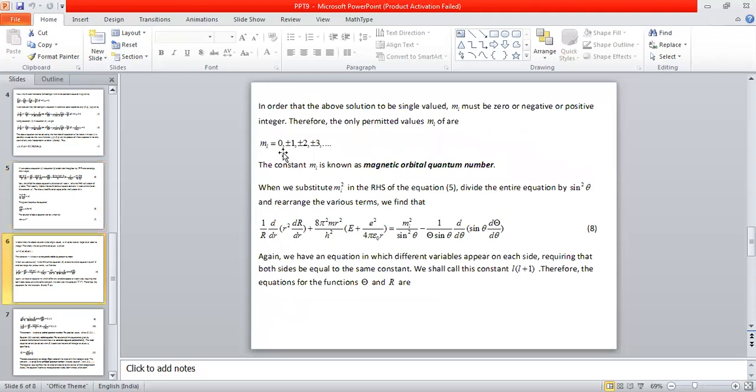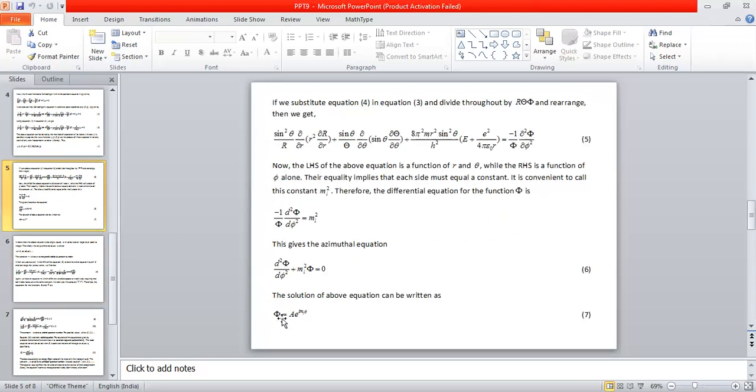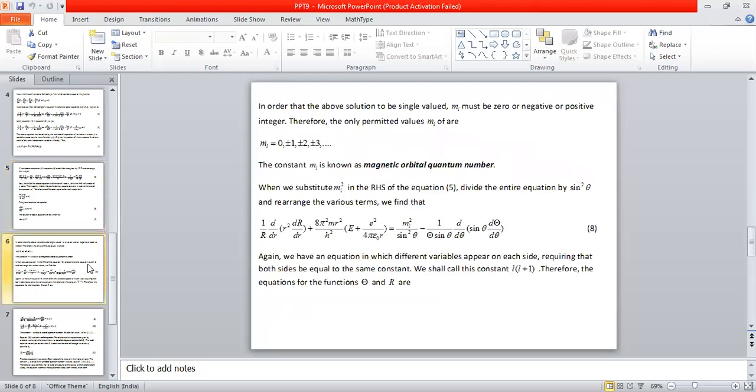That is possible only when ML can take the possible set of values 0, or plus or minus 1, or plus or minus 2, or plus or minus 3, etc. Once the constant ML takes these values, then this solution becomes single valued, and the wave function must be single valued as per our description.